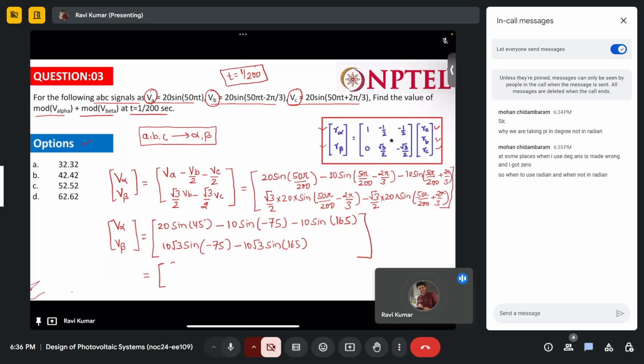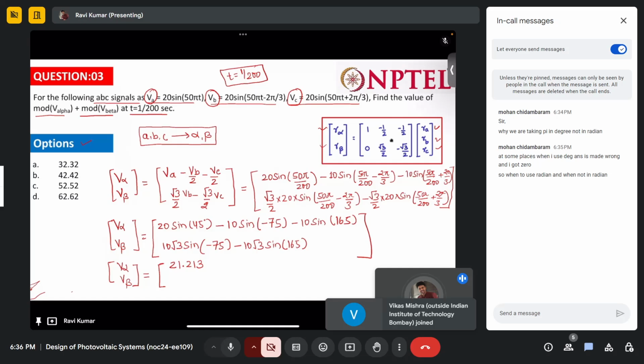I'm getting 21.213. So when to use radian, when not in radian? See, from the question itself you can see VB is how much? 50 pi t minus 2 pi by 3.